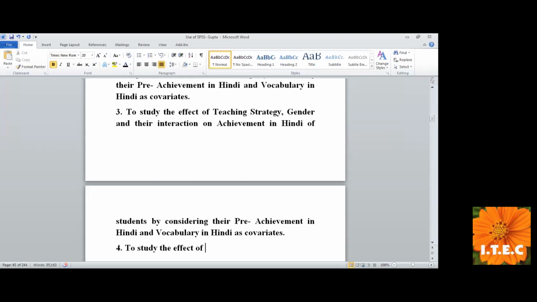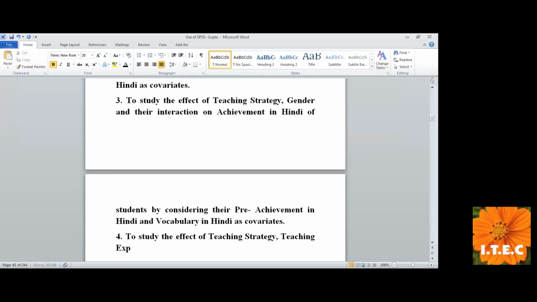So, to study the effect of teaching strategy, teaching experience, and their interaction. Because when I say teaching experience, naturally it has to be of the teacher.